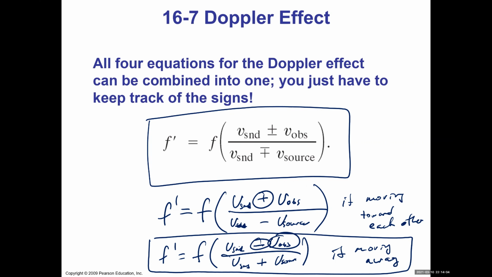Same thing here. If the source is moving toward the observer, it's always negative there. Regardless of the state of the observer, whether moving toward or moving away, that's what you have. If the source is moving away from the observer, that should be positive over there.